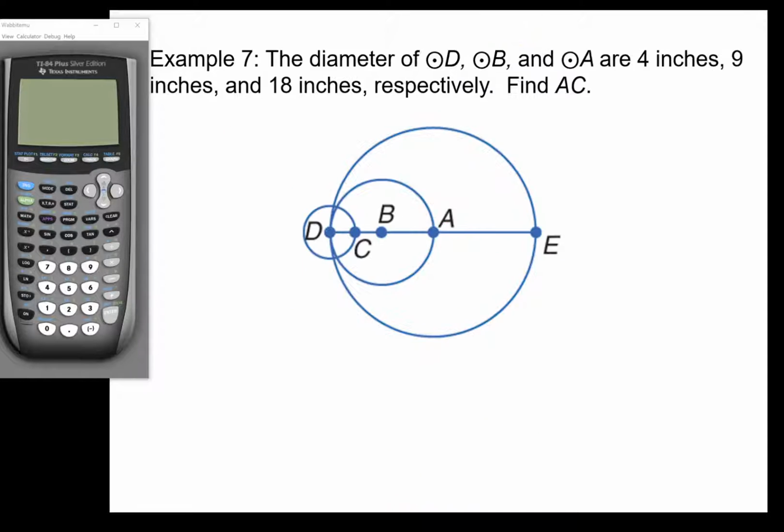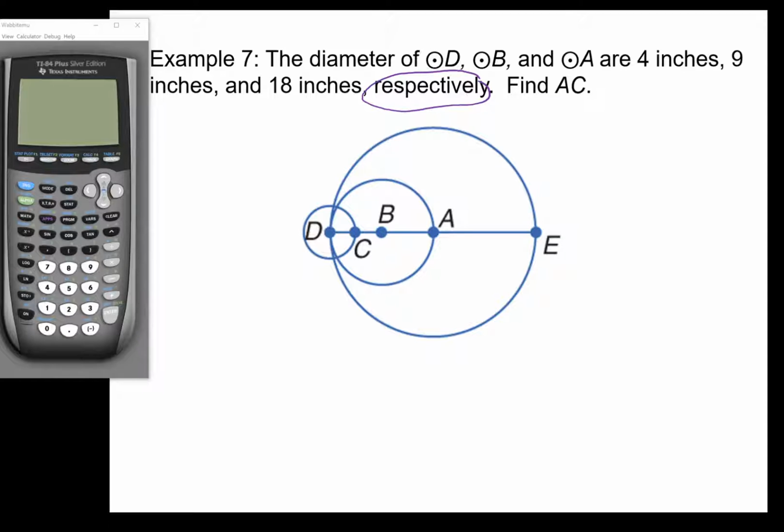Now, the diameters of circle D, circle B, and circle A are 4 inches, 9 inches, and 18 inches respectively. Remember, respectively means that the measurements apply in the exact same order that the circles were listed. So this 4 inches applies to circle D, 9 inches applies to circle B, and circle A gets 18 inches. So let's go ahead and write all of that in.